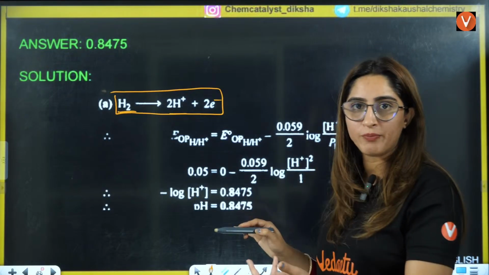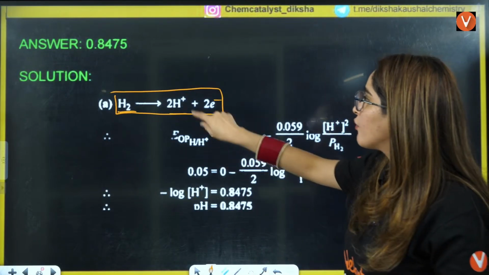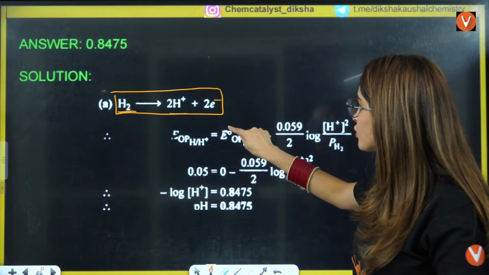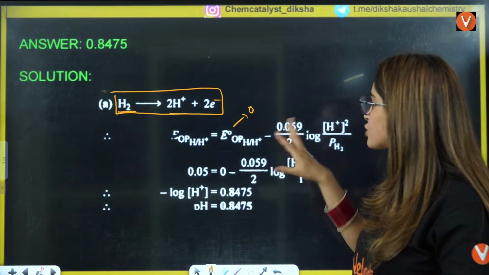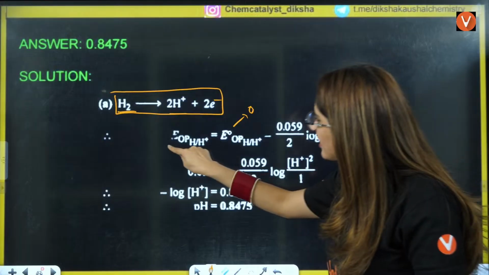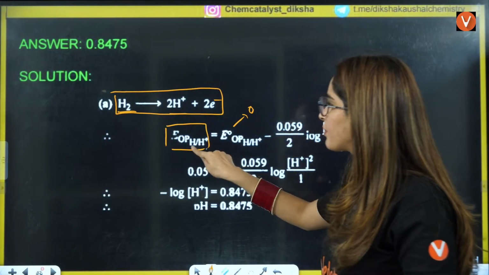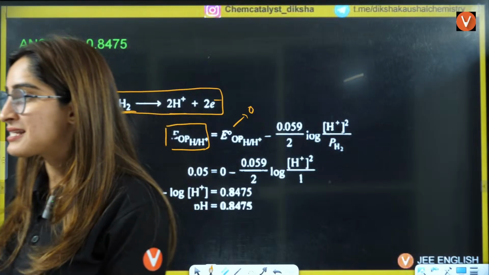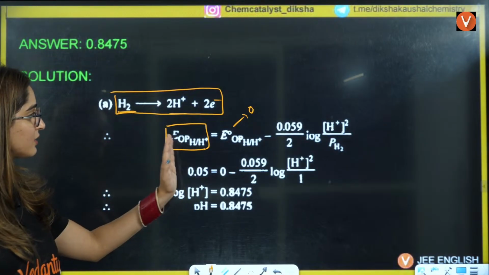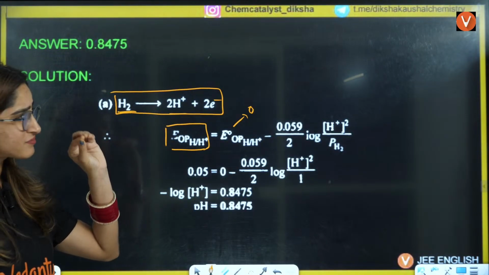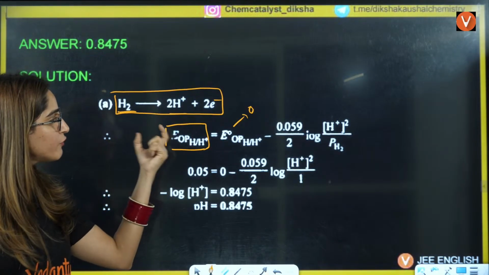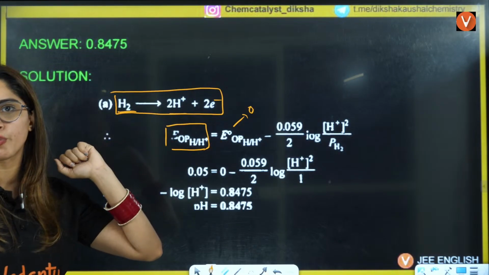Now the important part starts. We know that for the standard hydrogen electrode, E naught value is 0. So this is going to be 0. This is the overall Nernst equation. You can put the value of reduction potential or oxidation potential, whatever is your choice, right? But one very important thing is, if you're putting oxidation potential here, here also you put oxidation potential.